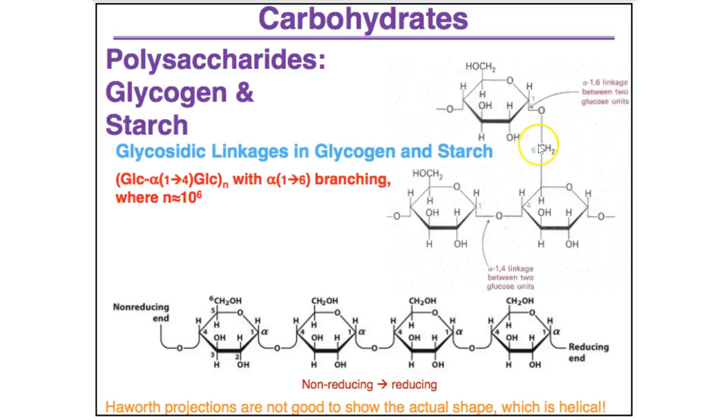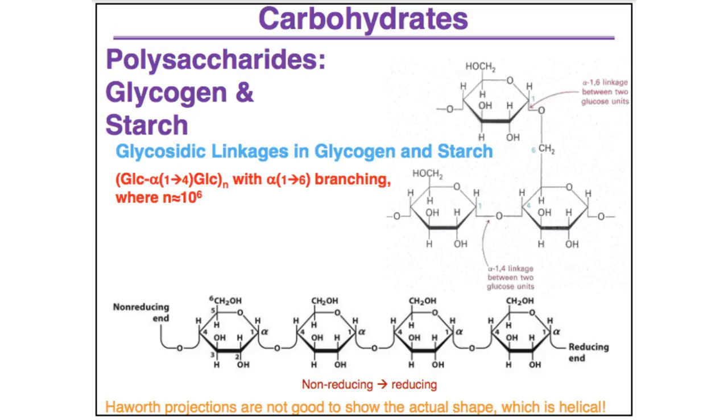You can tell it's on the sixth carbon because you start counting from the anomeric carbon, which is 1, 2, 3, 4, 5, and then 6. So that's how you see that it is an alpha 1 to 6, and it's alpha because it is pointing down. That's how you know what you have with glycogen.